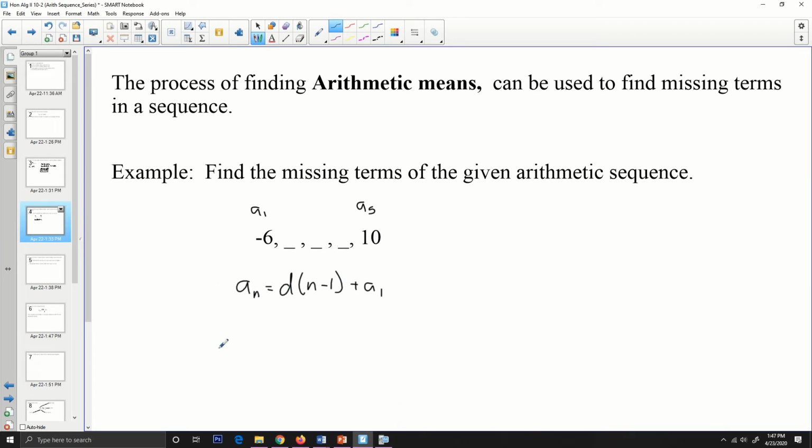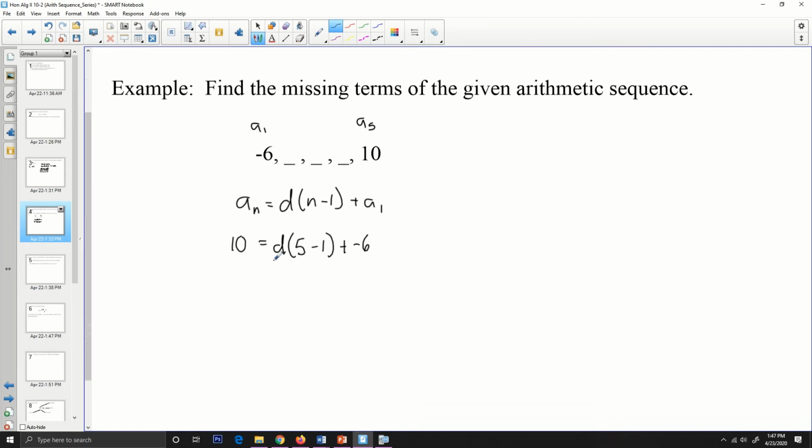So I'm just going to plug in all of those numbers. I'm going to say here is my 10 for a sub 5, and then I'll have d, and then since this is a sub 5, n is 5 minus the 1, and then plug in a sub 1, which we know to be -6, and the only variable that's left now is d.